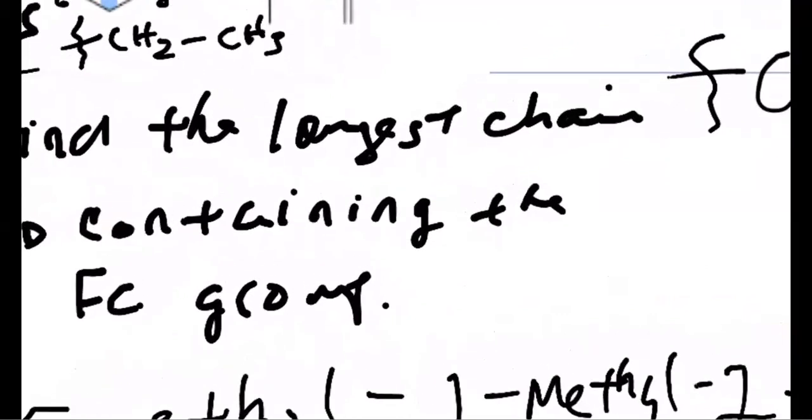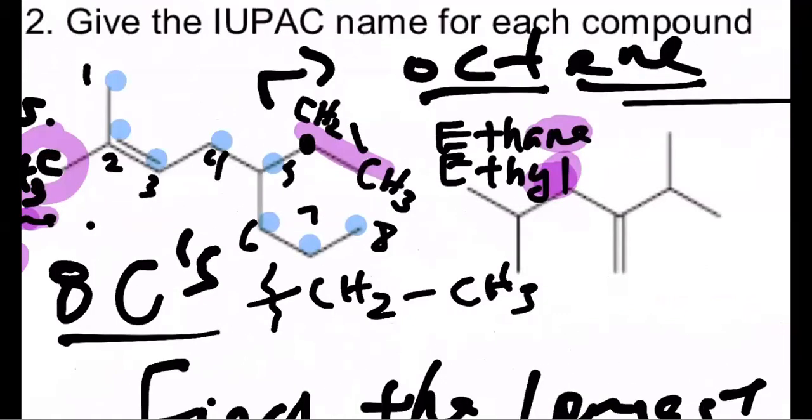I know it's kind of messy, but carbon 5 right here, that's where that ethyl group is attached. So the address for that group is 5. I've got to put the address and the resident together, so it's 5 ethyl.